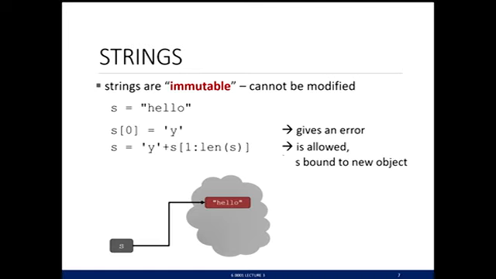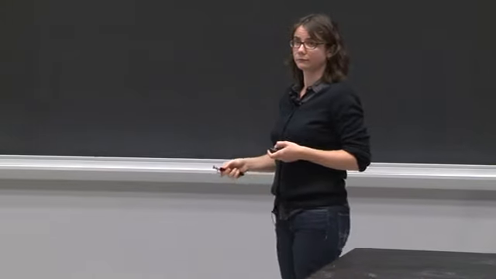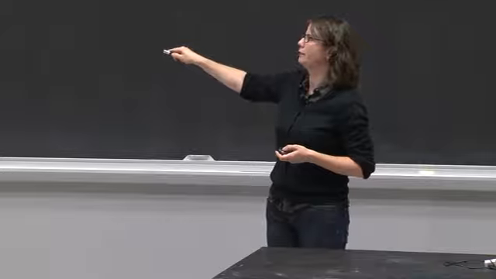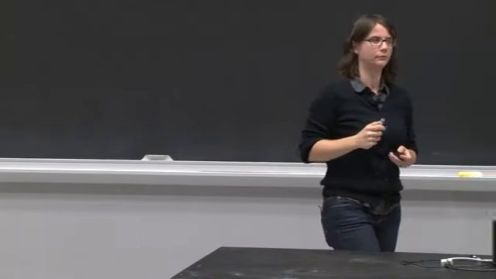Now internally what happens when I write this line is Python says, okay, I'm going to break my bond with this original object hello. I'm going to bind my string variable s to the new object yello, and this other old object still is in memory somewhere, right? But it's an entirely different object that I've created here. Again, might not mean anything right now, but just keep this in the back of your mind. Strings are immutable. Okay.